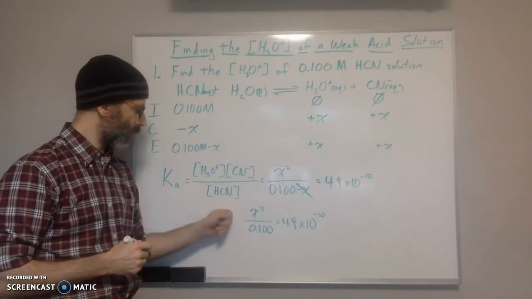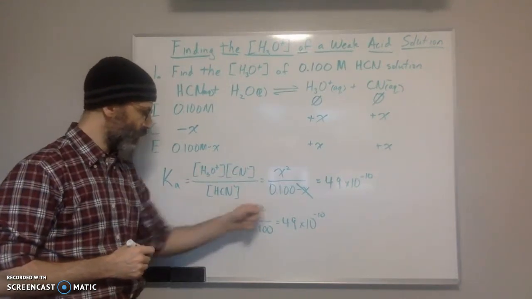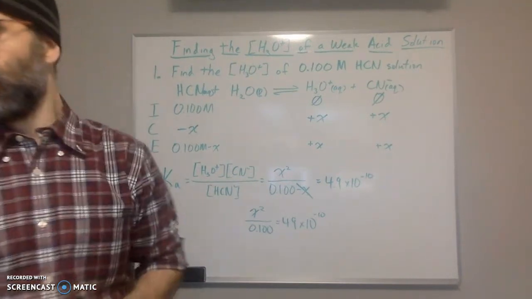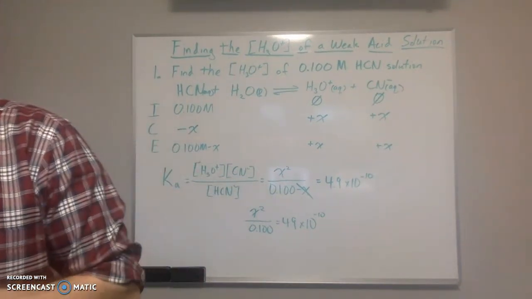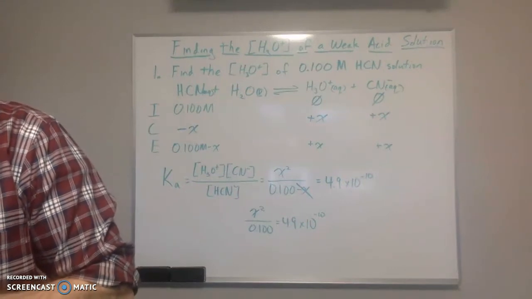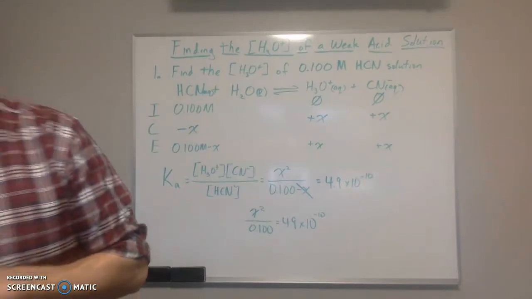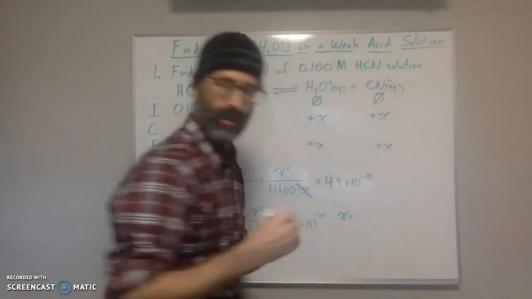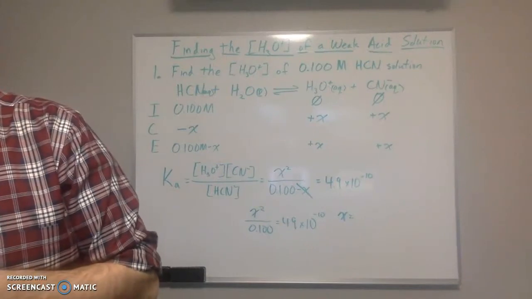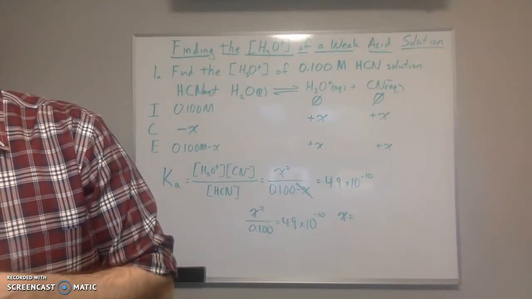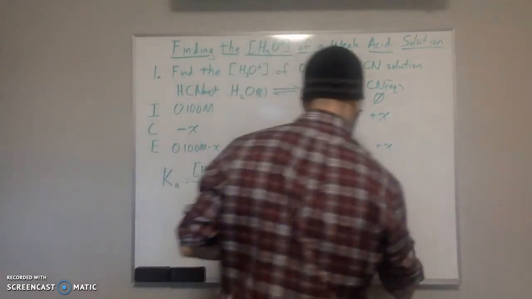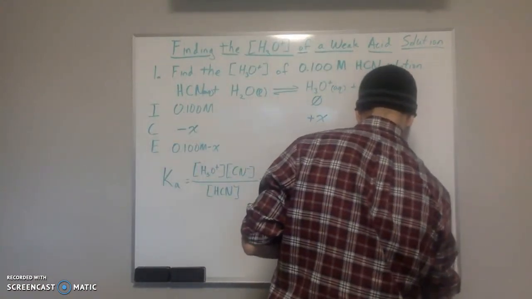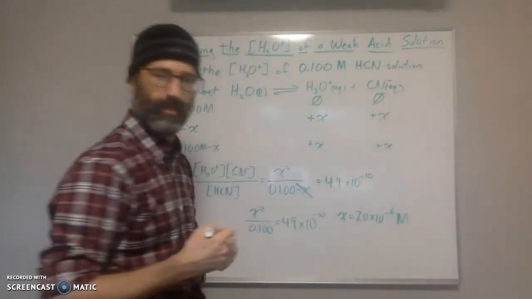You multiply both sides by 0.100, and then you take the square root of both sides, and then x ends up being equal to 7.0 times 10 to the negative 6 molar.